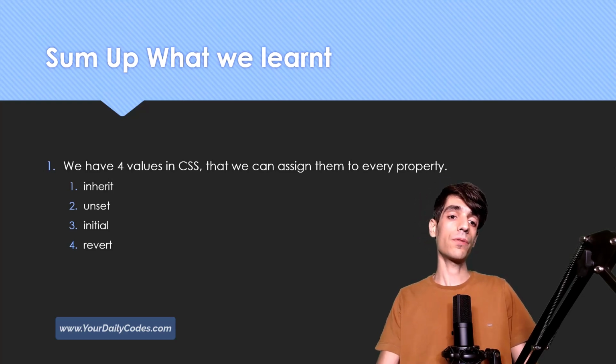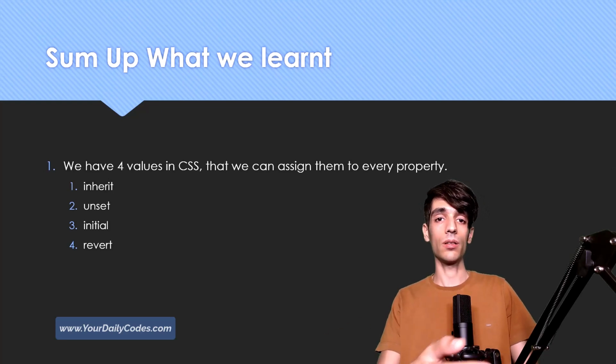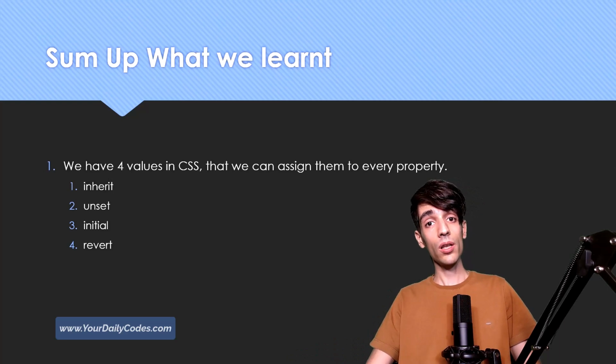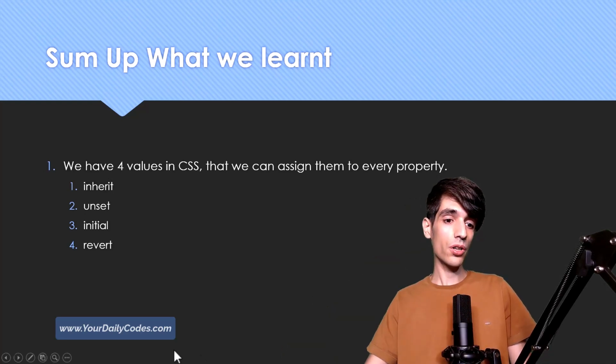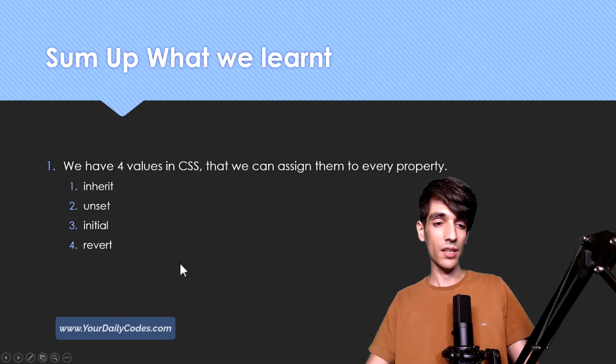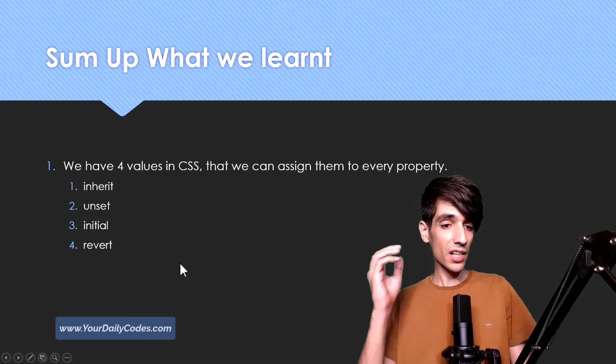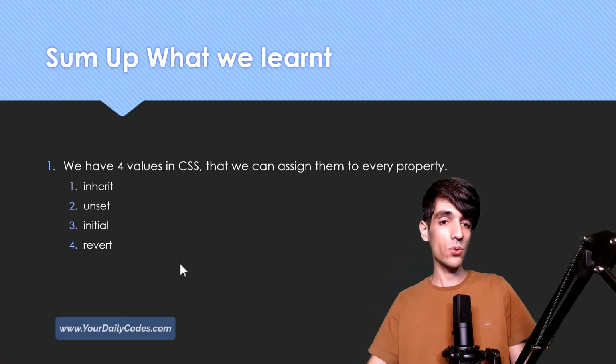If the parent container has any specific font weight, it will inherit that. So we will force this p tag to inherit that CSS property. You can guess what the other ones can do, but why do we need them, and why is it best to use them? You will see in a good example throughout this course.